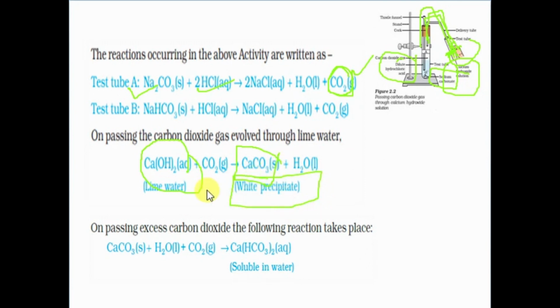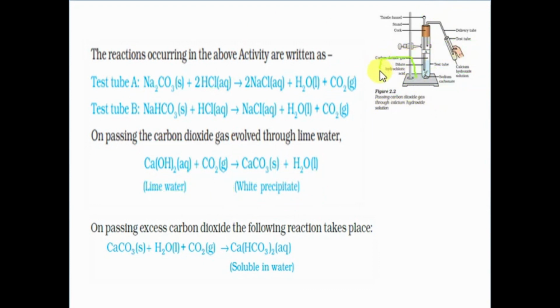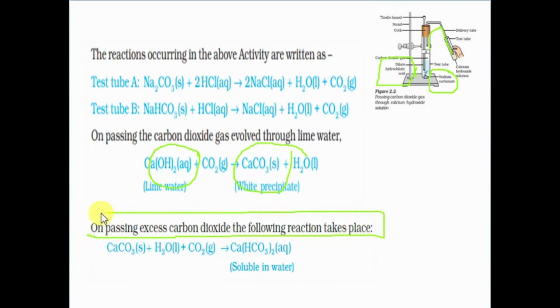So the carbon dioxide that has been liberated with the help of dilute hydrochloric acid and sodium carbonate will react with lime water and give white precipitate. Now here it is written, on passing excess of carbon dioxide, a lot of carbon dioxide has been generated.